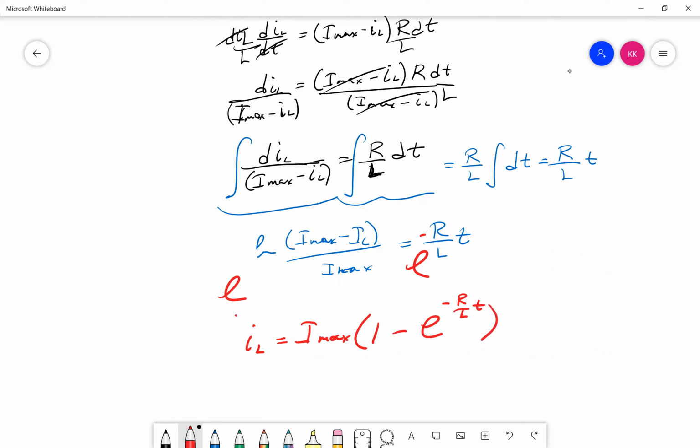And this is the equation for the time varying current through the inductor. This I over here is a time varying current equation. That means this tells me how the current changes.